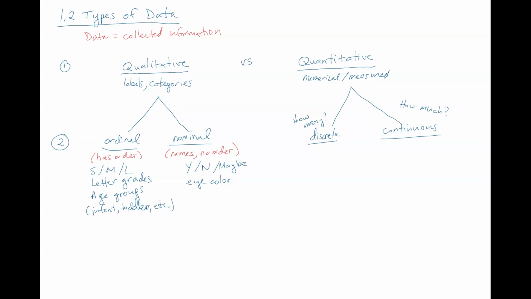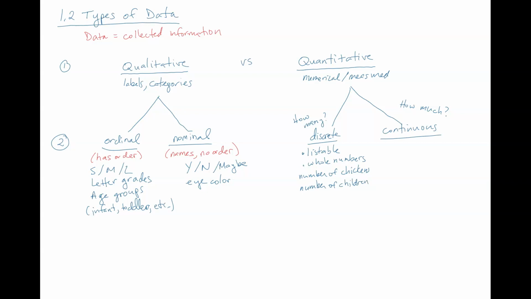Some examples might be listable type things for discrete, whole number type data. It doesn't have to be, but it might be. So, for example, the number of chickens at a farm, the number of children. You can see my priorities.